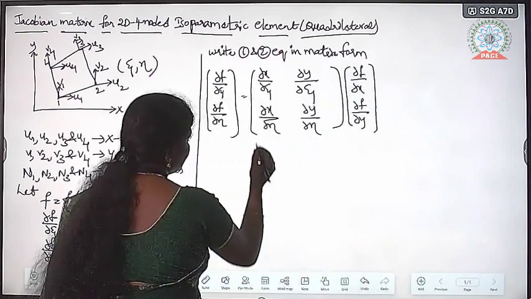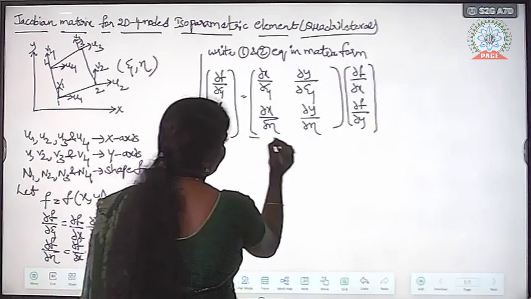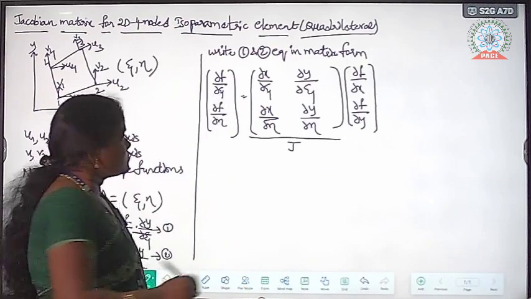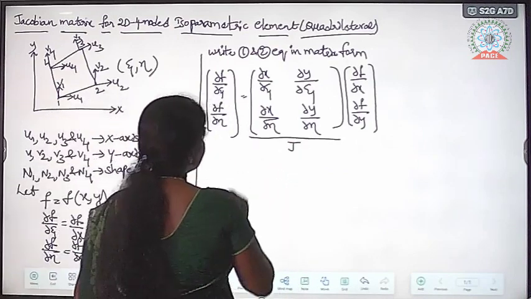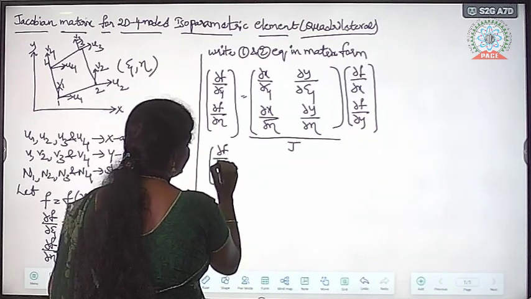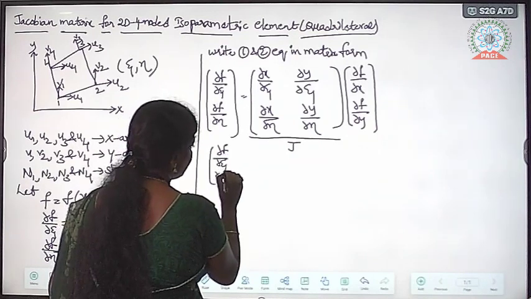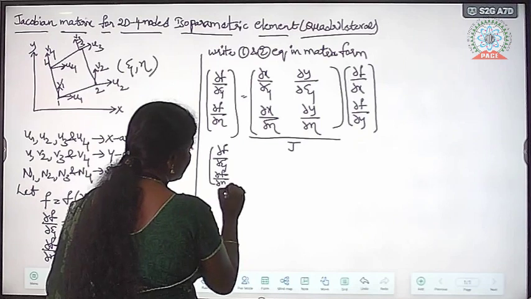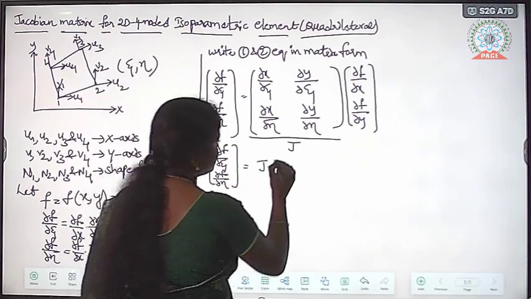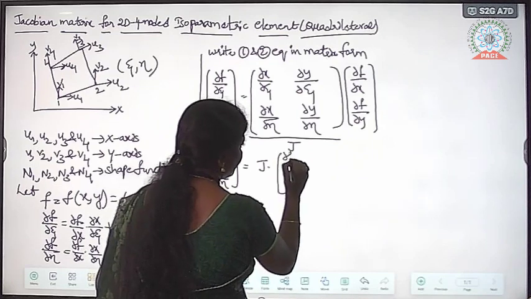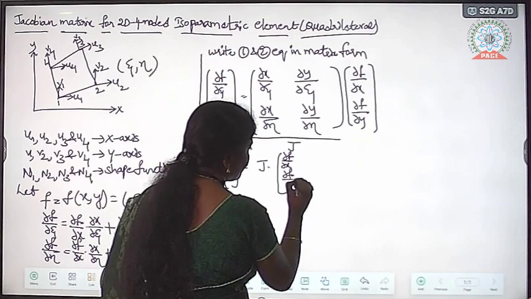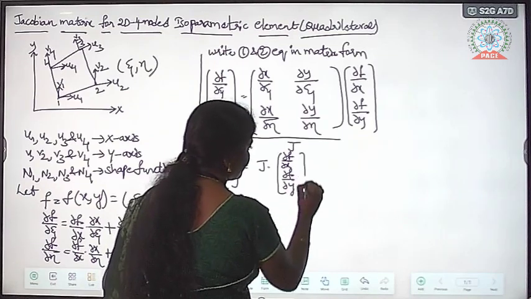After that, we take this matrix as J, that is the Jacobian. So the total matrix is taken as J. So the column of dou F by dou xi and dou F by dou eta is equal to J into the column of dou F by dou x and dou F by dou y.